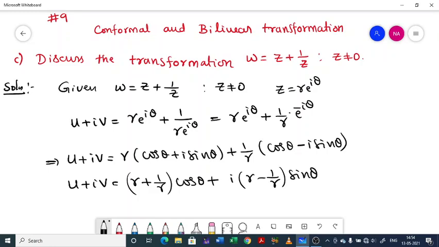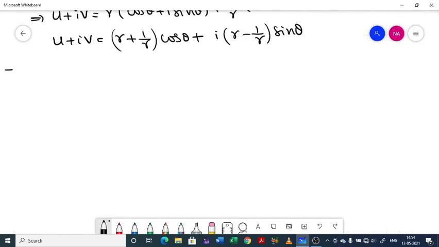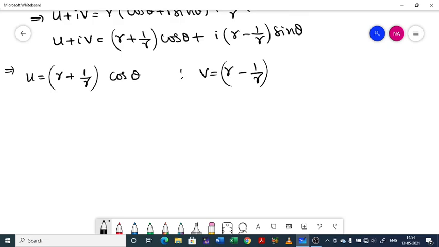So U equals (R plus 1 by R) cos theta, and V equals (R minus 1 by R) sin theta. We call this equation star.